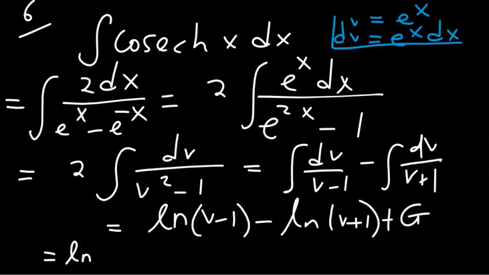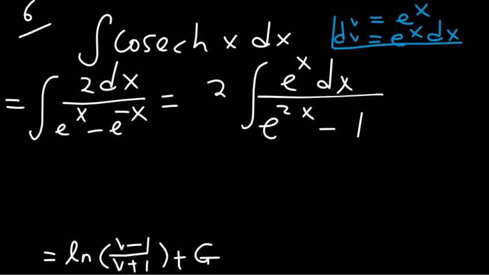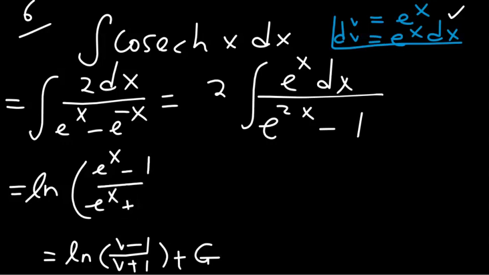Combining the two natural logs, we get natural log of v minus 1 over v plus 1 plus the integration constant g. Let's rewrite this integral in terms of x, so that is just natural log of e to the power x minus 1 over e to the power x plus 1 plus integration constant g.